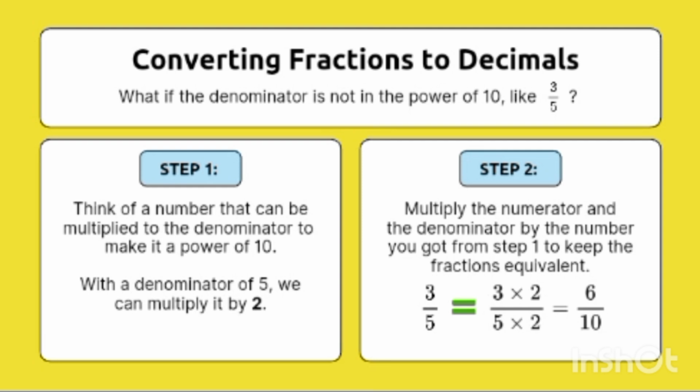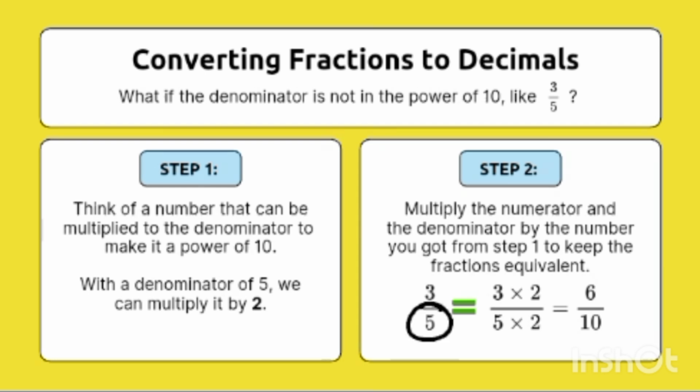With the denominator of 5, we can multiply by 2, like what they did in this one. Let me explain briefly: here we have a denominator of 5.